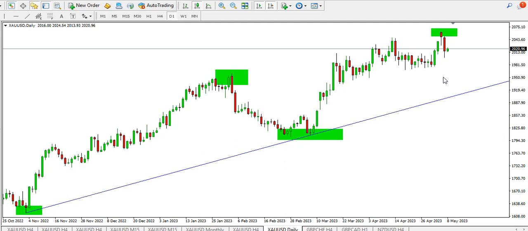It's still bullish, which means price can still drop to this area and bounce from there, or price can continue up.